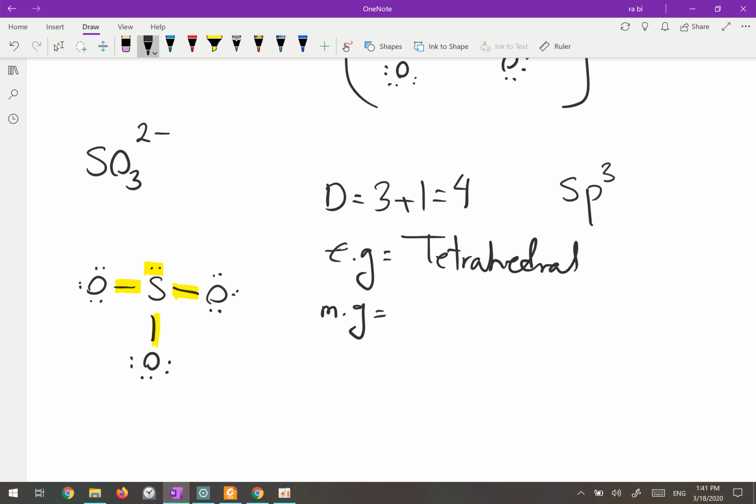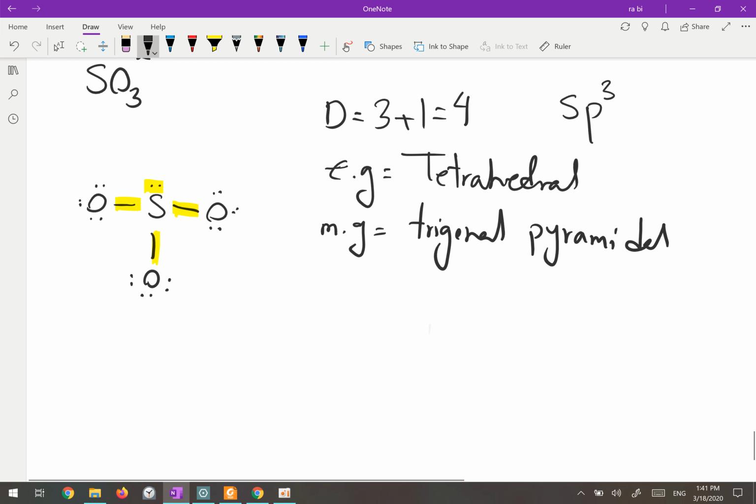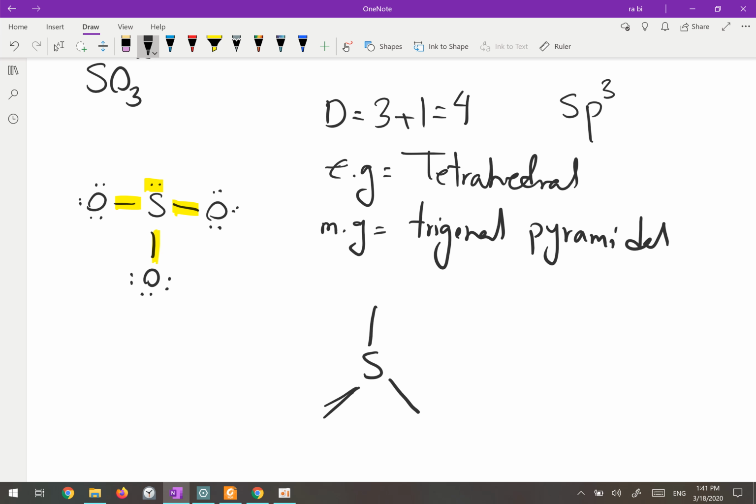When you have 1 lone pair in the tetrahedral arrangement, the molecule becomes trigonal pyramidal. If you want to draw the shape of the ion, I draw all of the 4 domains. 1 domain here, 1 domain here, 1 domain coming out, 1 domain going inside the screen. 3 of these domains are single bonds with oxygen.